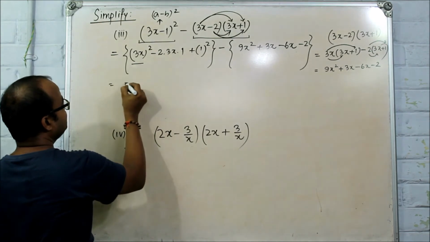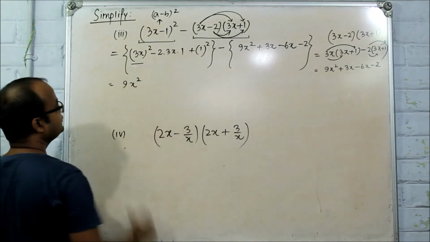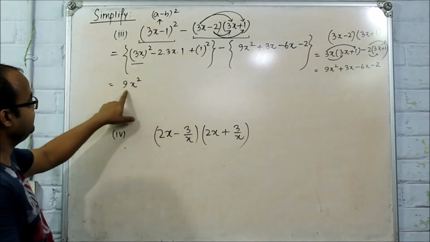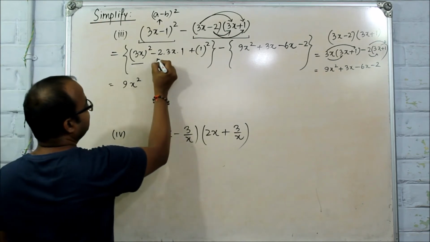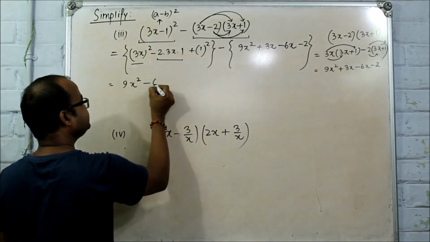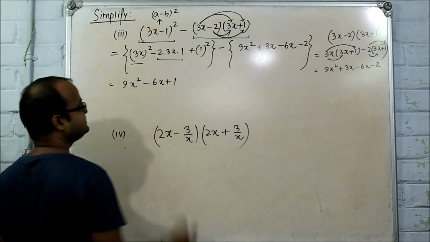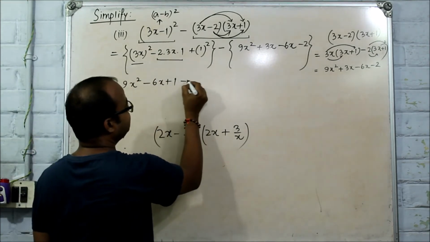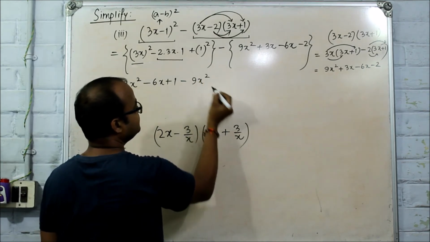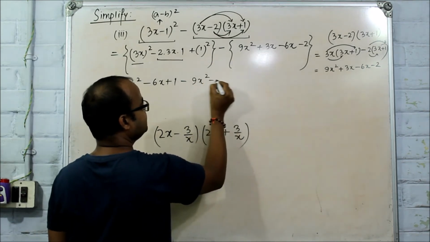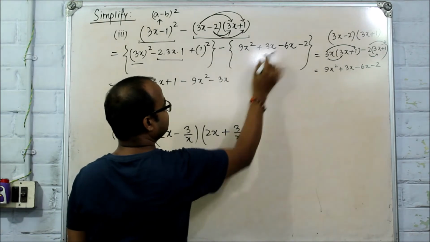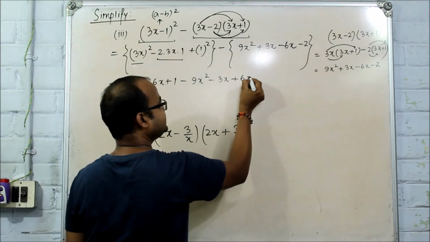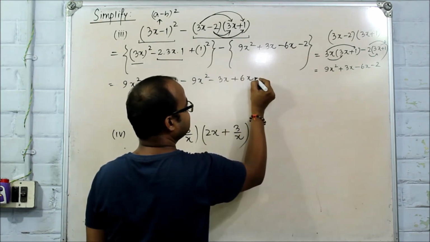So this is equal to 9x square, 3x whole square means 9x square minus 6x plus 1. Now if you open up this bracket, it will become minus 9x square minus minus 3x plus 6x minus minus plus 2.